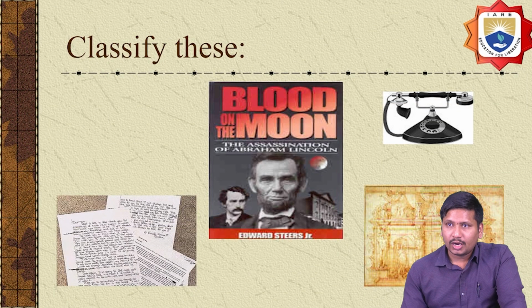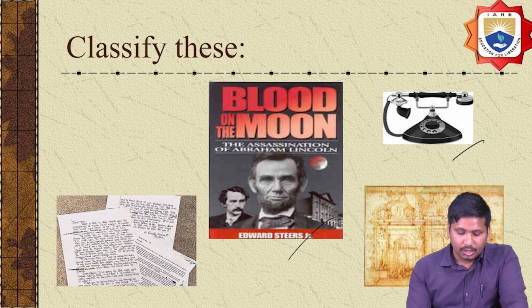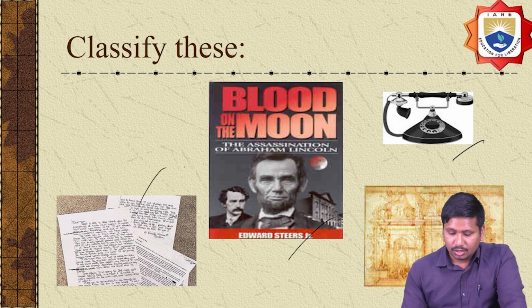And then the information I'm getting through telephone, or from a person, the magazine or whatever it may be, and then the printed instruments or printed text material, and then pictures of drawings or paintings, whatever it may be. So all this also comes under the primary source here.